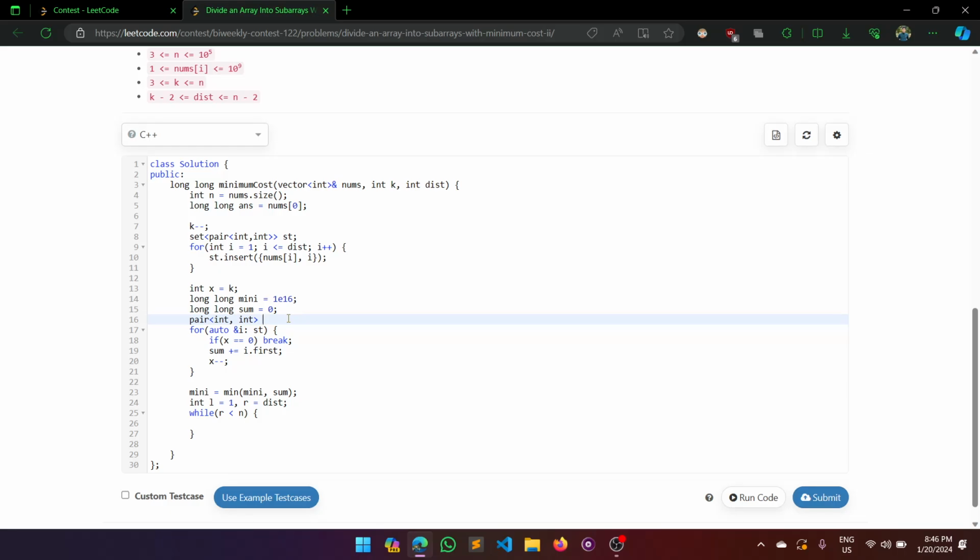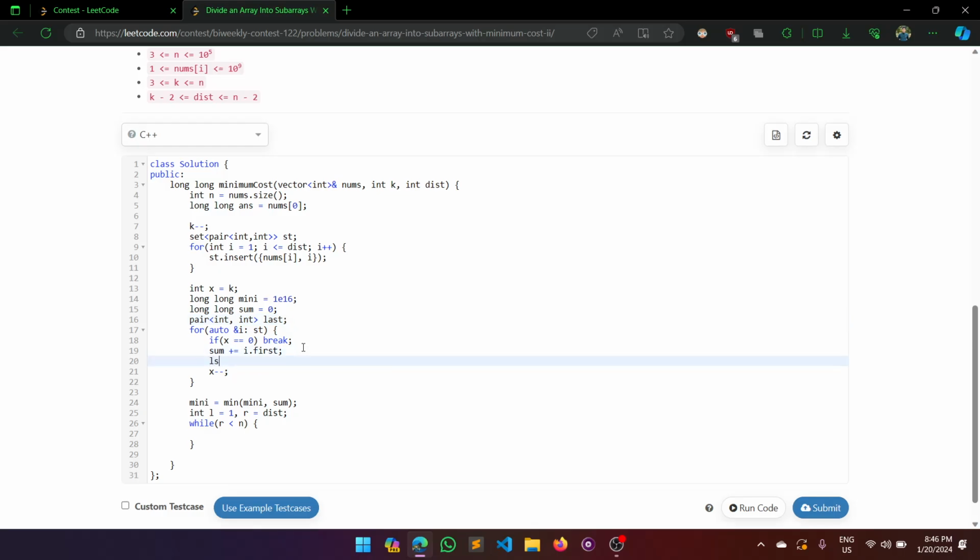Let's name it last, and it will be equal to i. Okay, now we want to exclude l, right? We'll get the pair, we will just check if it's excluded or not.